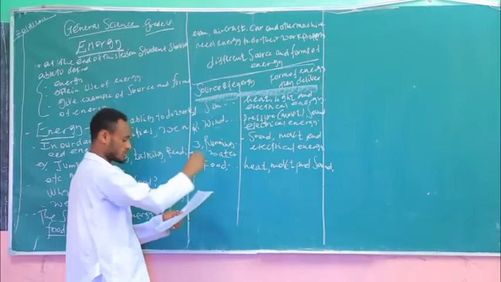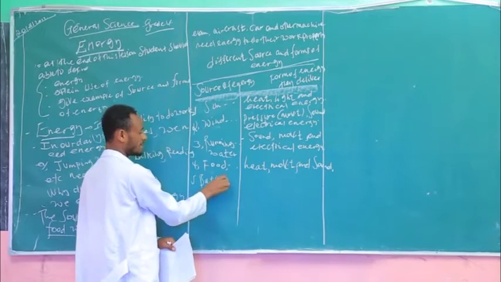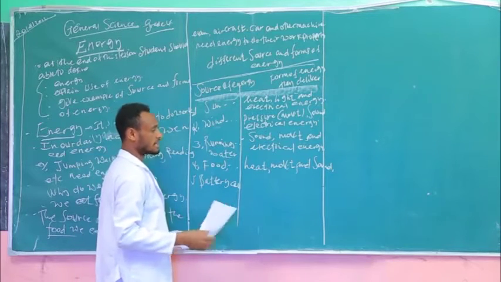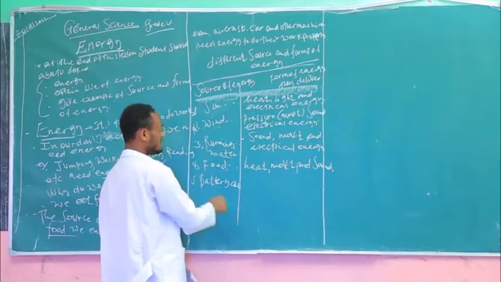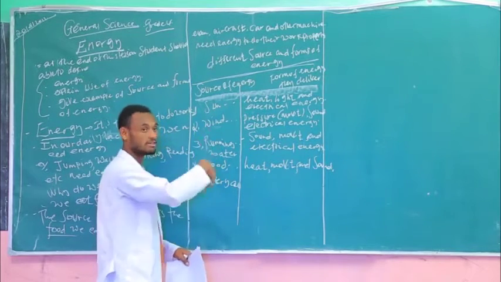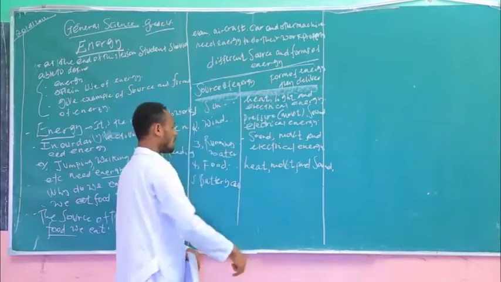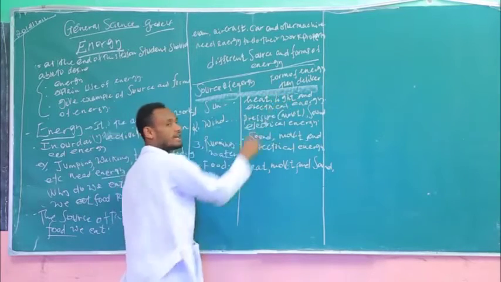What will be the fifth one, students? The battery cell. Look, there are different types of battery cell. So the battery cell delivers energy in different ways or in different forms. What are the forms in which the battery cell can deliver energy?